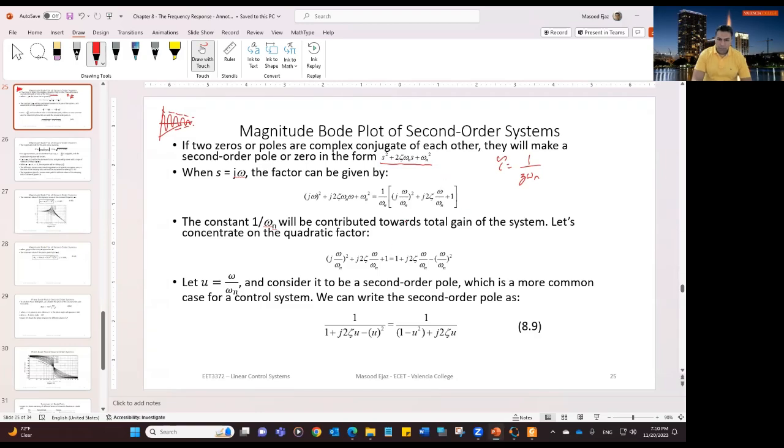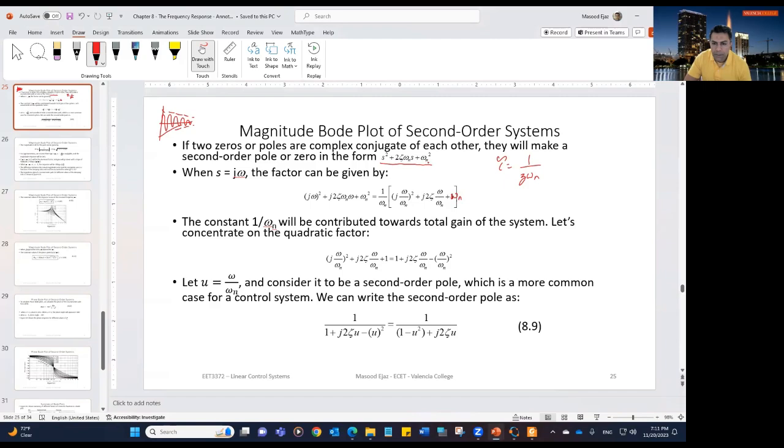That's going to be omega n. Why did I put 1 over here? All right, let me see it again. Yeah, that's going to be omega n.